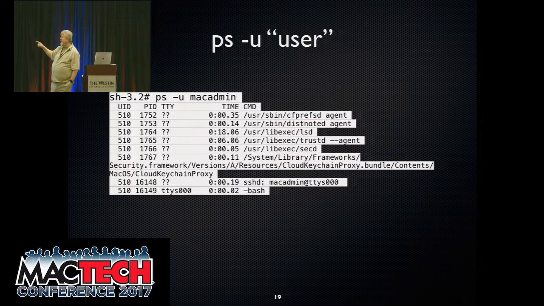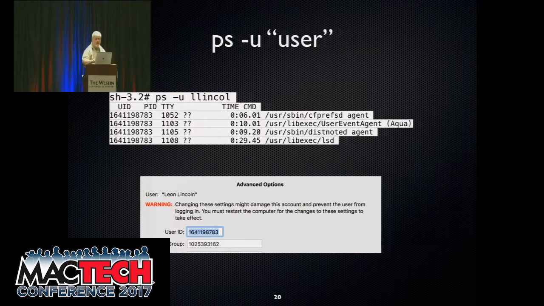Again, there's a lot more; I'm not showing it all, but I can see what that user's running. Now I'm going to run it from my account. If I did ps -u for my name, look at the UID. It's huge, plain and simple, because I'm bound to an Active Directory environment. That's my UID from AD.